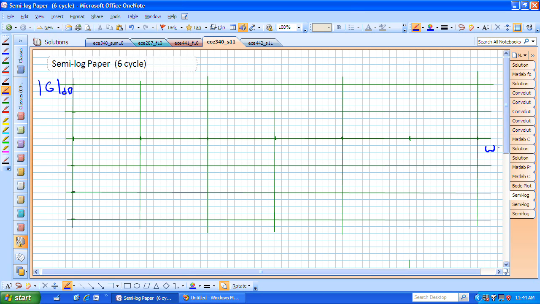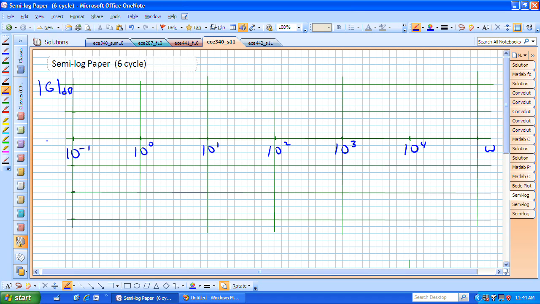Here's our frequency axis, omega. Let's say this is now 10 to the minus 1. Here's 10 to the minus 2. Up. Want to go in the other direction. This is going to be 1. Here's 10. Here's 100. And here's 1,000. And that's really about as far as we need to go in this particular example.